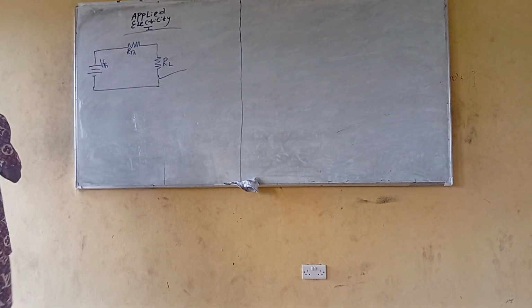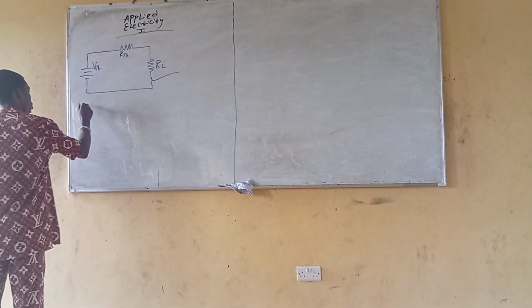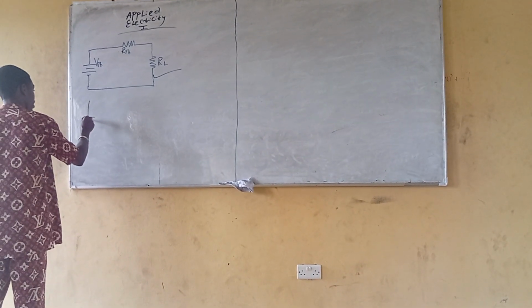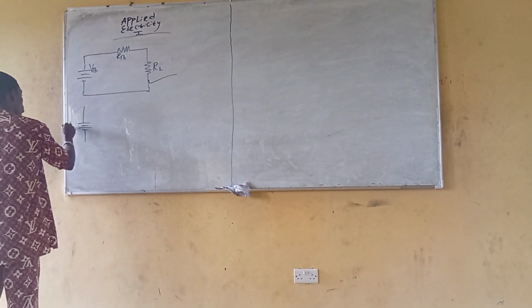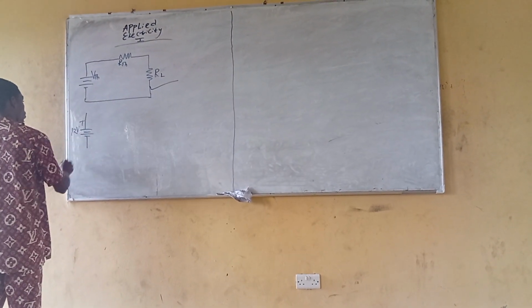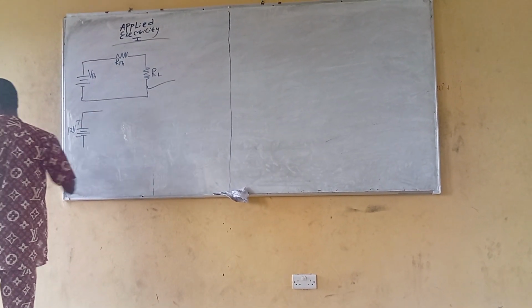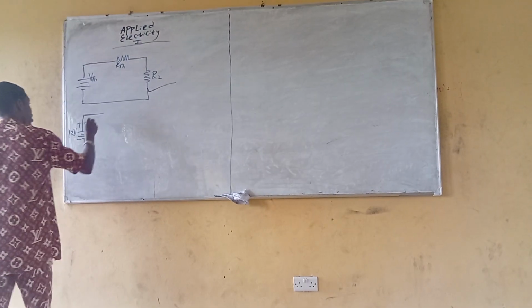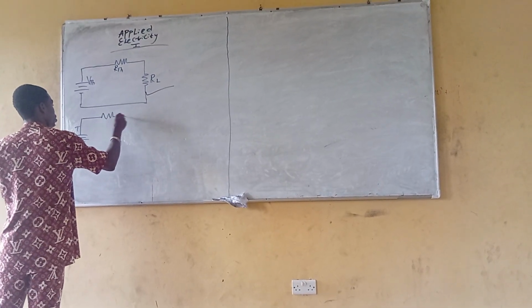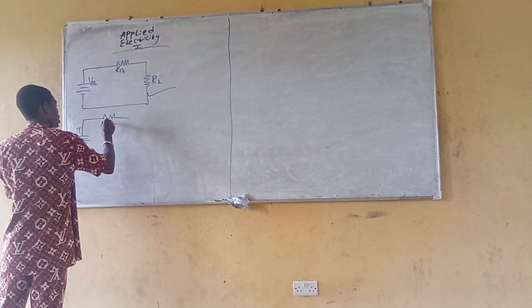We have this circuit here: 12 volts, this is plus, this is minus, and we have a 4 ohms resistance here.